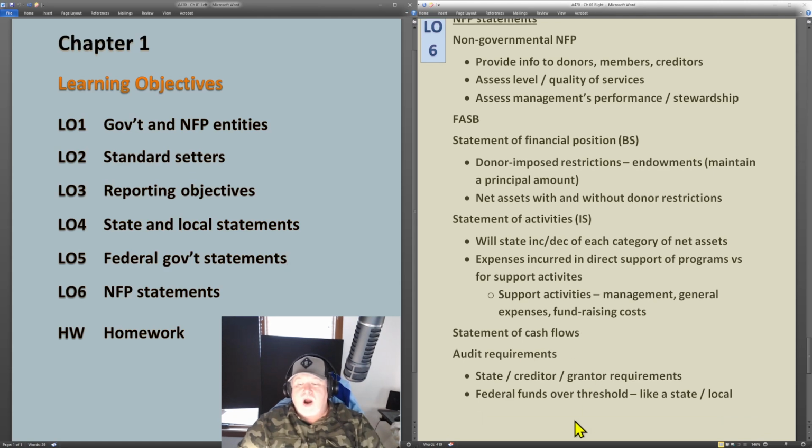What are the audit requirements? Well, it depends upon what area the not-for-profit is operating in. The state, because of whatever their mission is, may have some requirements, but it could be that the people who've given the money have requirements for auditing. You can imagine if the Gates Foundation gives you $20 million, they're probably not just going to give it to you without some stipulations about how you verify that you've used those funds correctly.